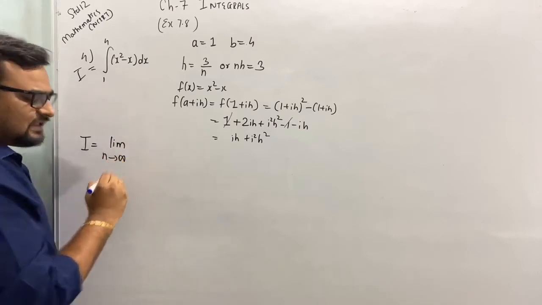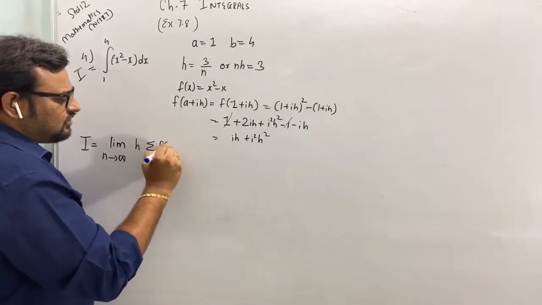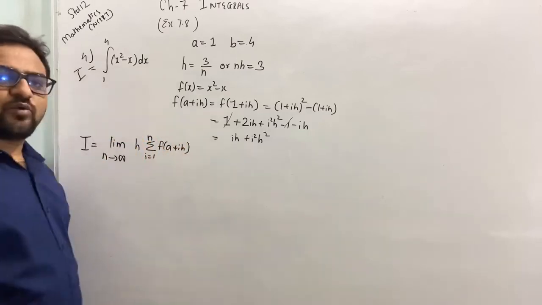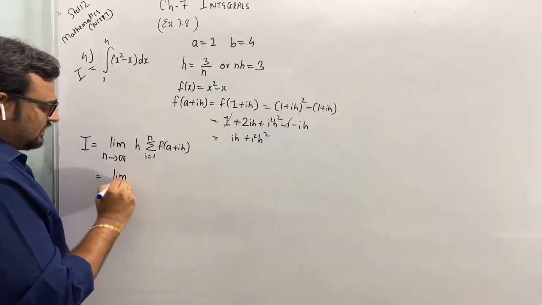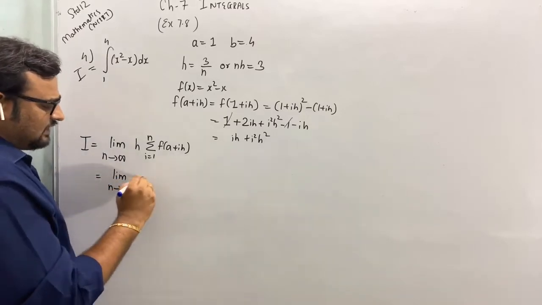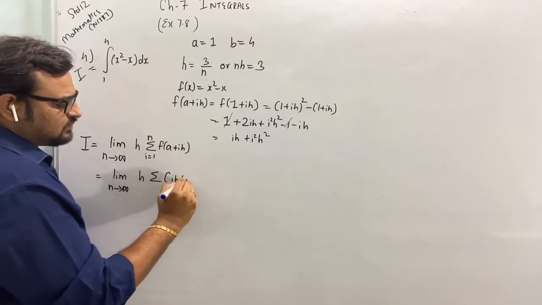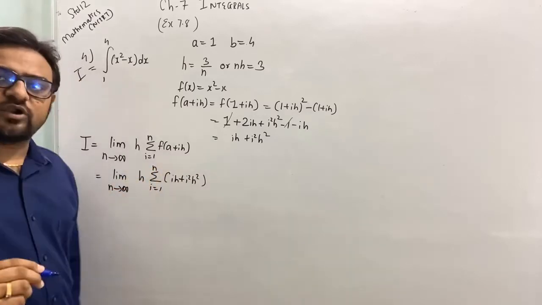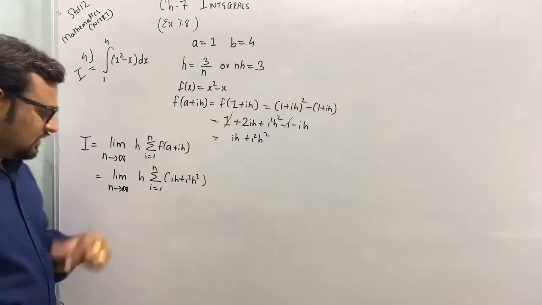I will take n tends to infinity, h summation of f of a plus ih, i equal to 1 to n. So this will be equal to limit n tends to infinity, h summation of ih plus i square h square, i equal to 1 to n. Clear?